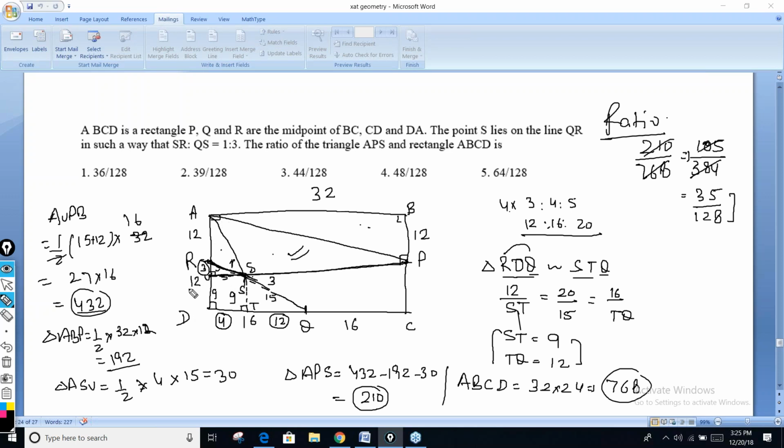Might be some part of the calculation we have missed out. Half base into height, that is 30. Half base into height, that is 192. Mistake could be here also.